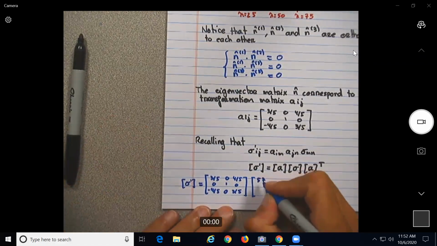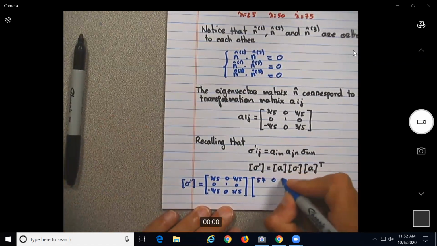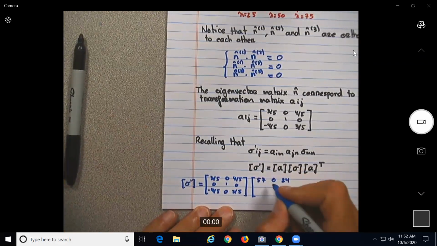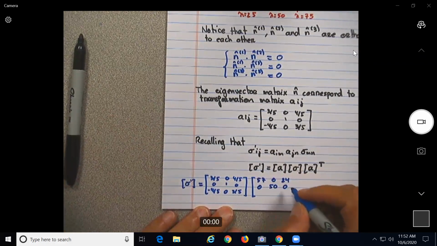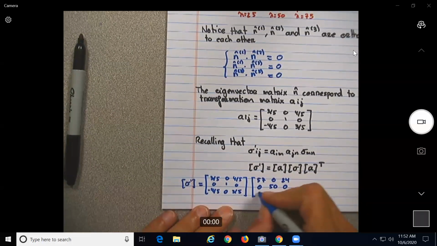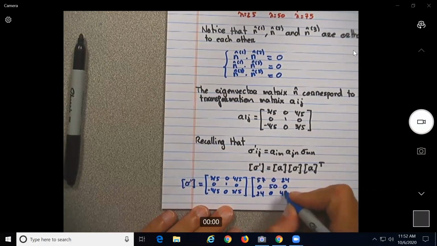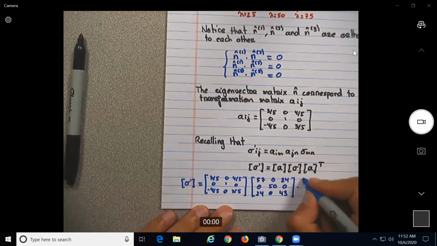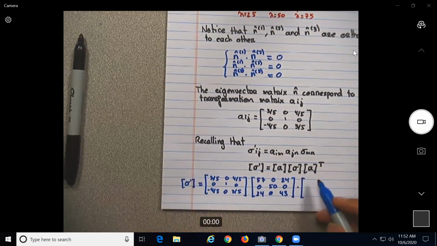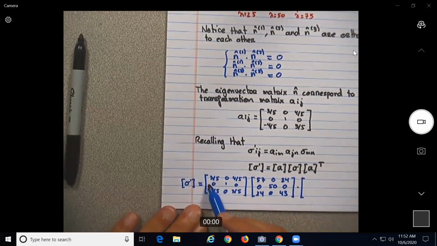Okay? I will have it on the page, but just extract it from here, so it will be 57, 0, 24, 0, 50, 0, and then 24, 0, 43, times the transpose, so we just switch lines by columns.